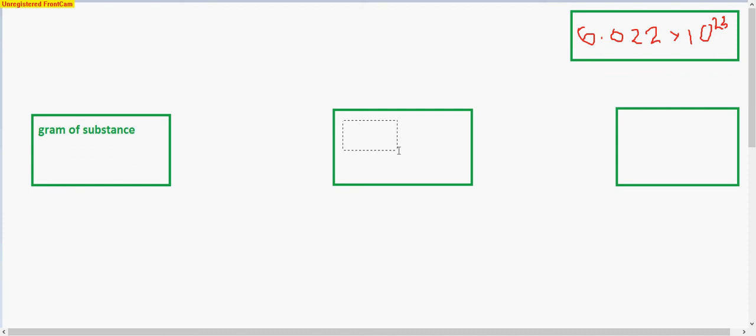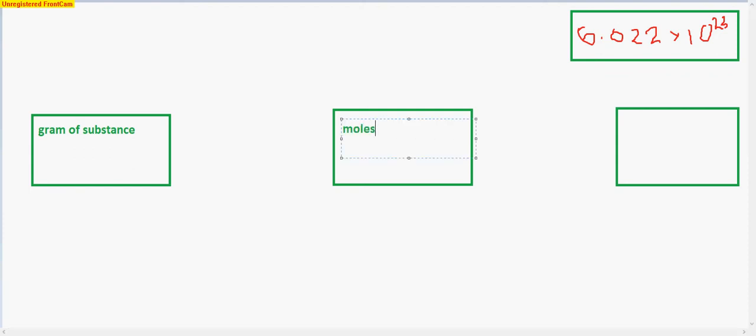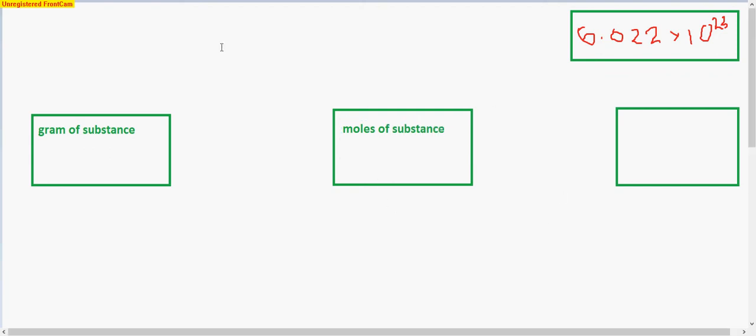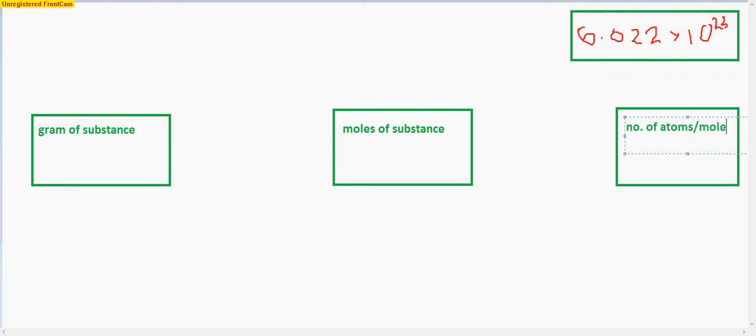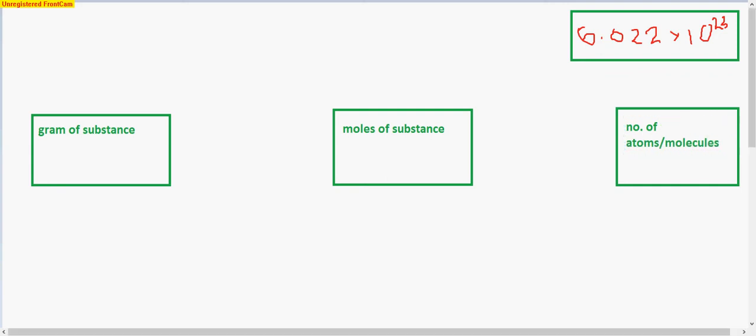Now let this box be the moles of substance. Number of moles of substance. And let this box be what? Number of atoms or molecules. You know what? I'll write it below. Let it be like this.